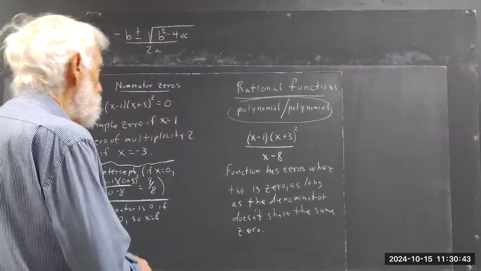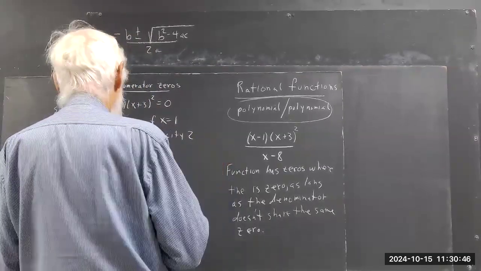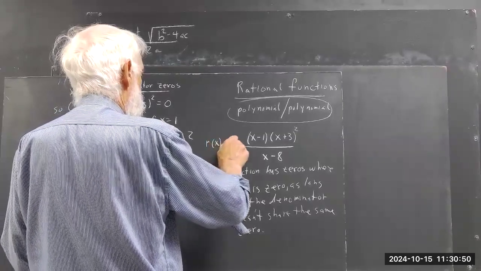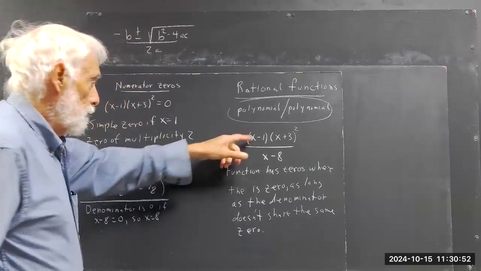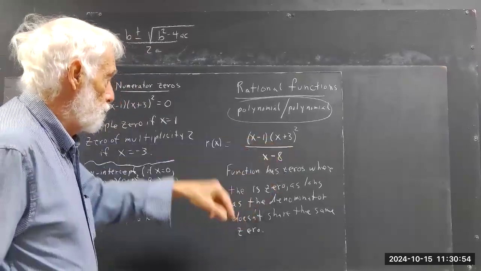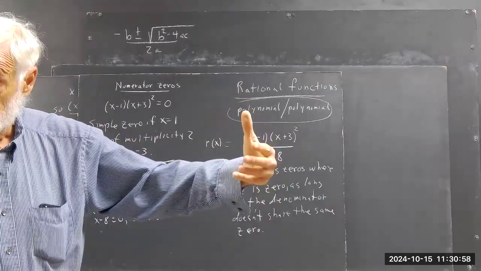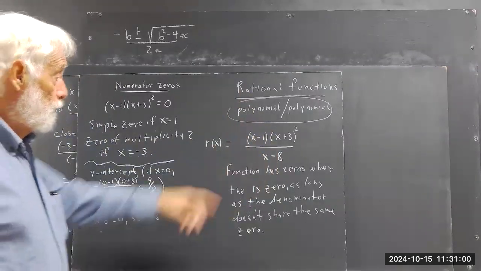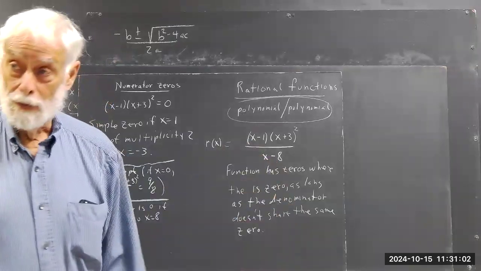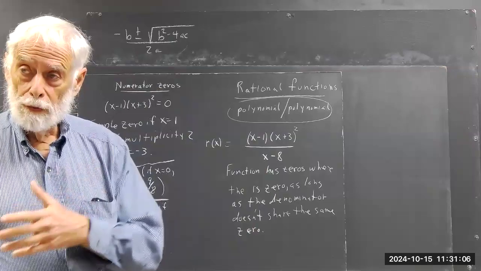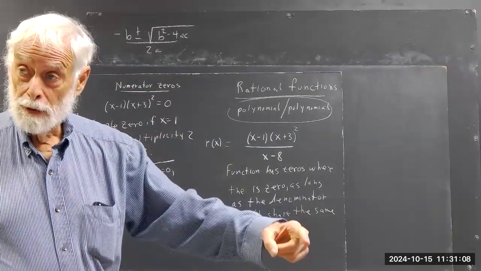We've got this function. We call this R of x a rational function. The numerator is 0 at 1 and -3, and that's going to give you zeros just like a polynomial would. Then you have the reciprocal of x minus 8 there. The reciprocal of x minus 8 is a 1 over x function shifted 8 units to the right.